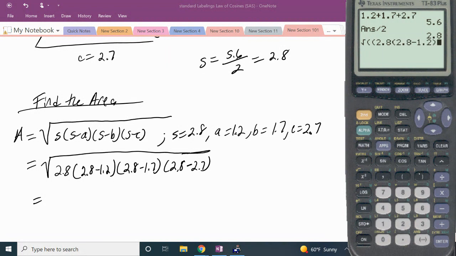I'm going to close that off. Times 2.8 minus 1.7. I'm going to close that off. I'm going to open up another set of parentheses, 2.8 minus 2.7. I'm going to close that off. I'm going to close off my square root. And we have an area of 0.70.